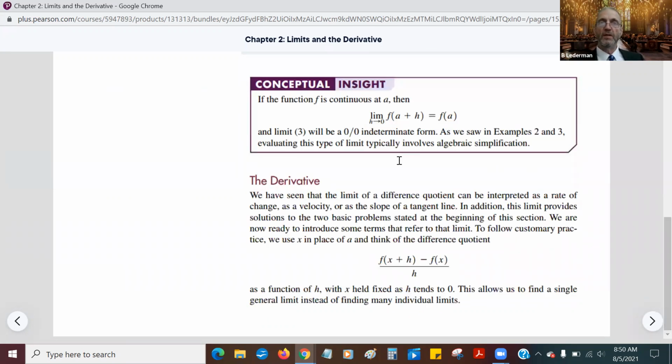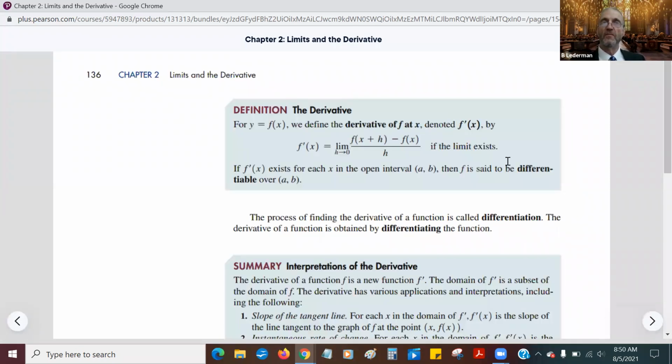To make a long story short, I want a formula that's going to work for any a, for any x value. So let's just cut to the chase. I think if I over-explain it, it's going to make it worse. F prime is the symbol we use for derivative. F prime of x is the limit as h goes to 0 of f of x plus h minus f of x over h.